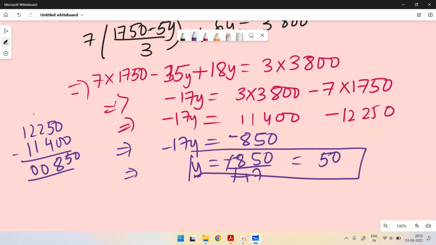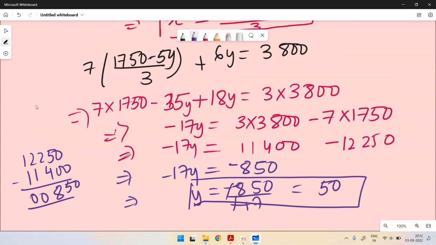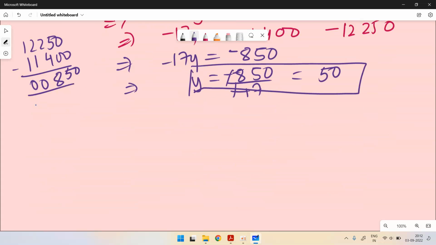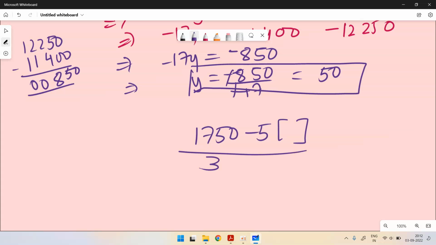So if y is 50, then you need to substitute the value of y from here into this equation, that is x equals 1750 minus 5y by 3.